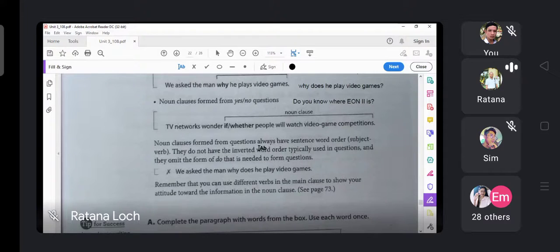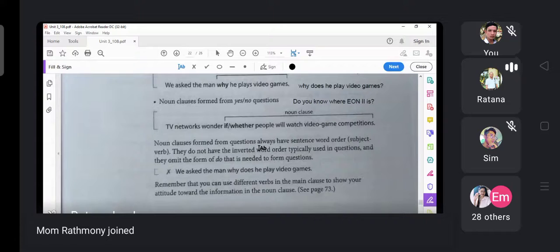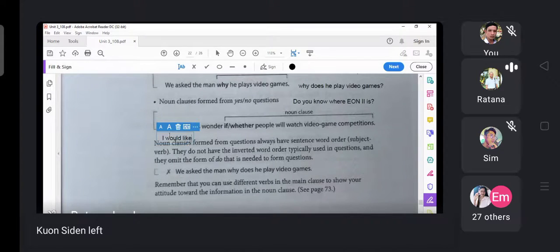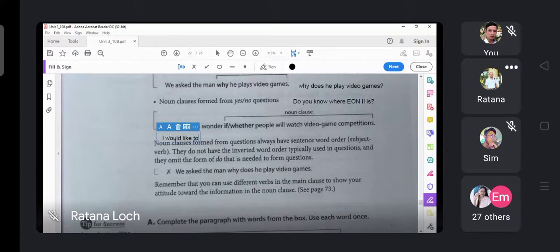But in the case of if here, it is not a conditional sentence, okay? It is a noun clause, okay? I want to know if you have some money, okay? For example, I would like to know if you have some money, okay?